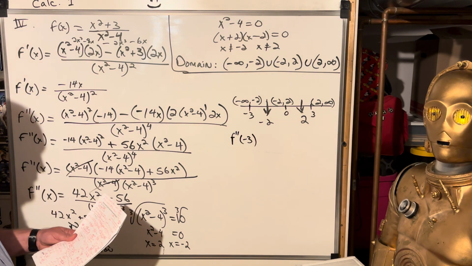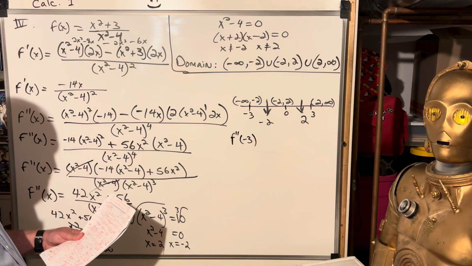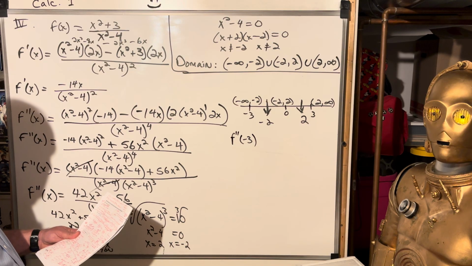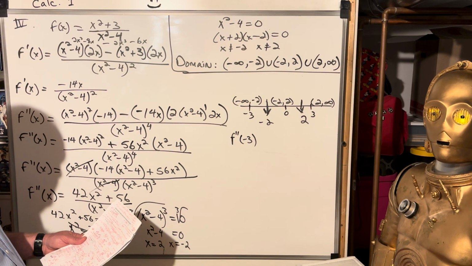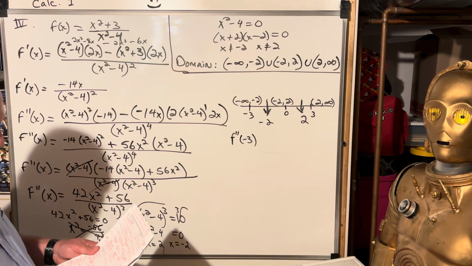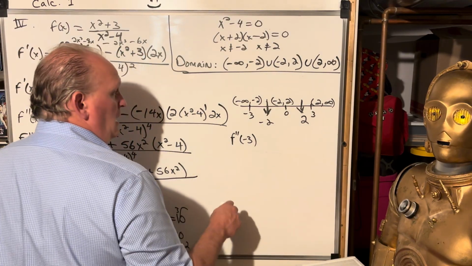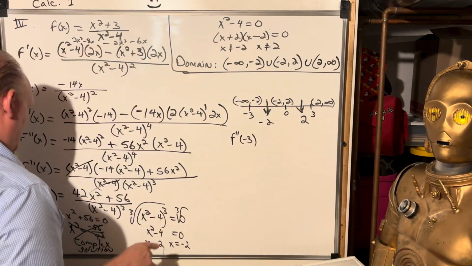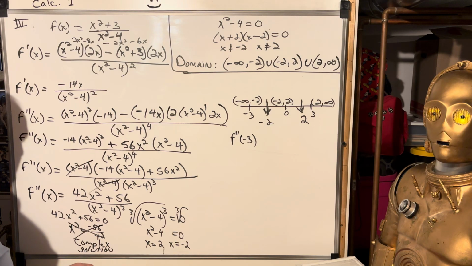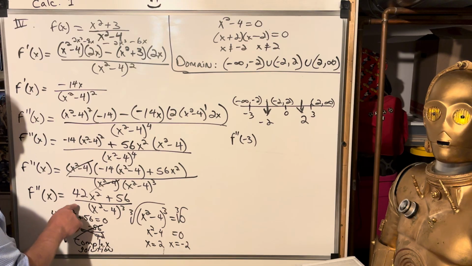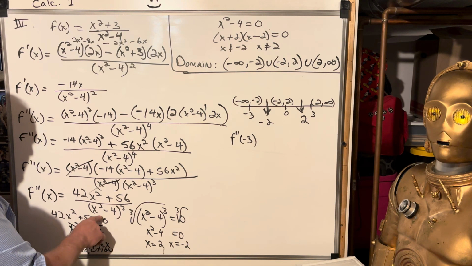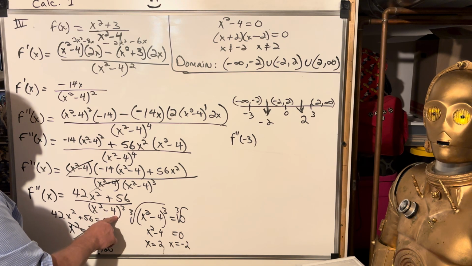There won't be any inflection points, but we can look for concavity changes. All right, so let's see. I put in a -3 into, where's our double prime here? There. Oof. So -3 squared is 9 times 42 plus 56. And 9 minus 4 is 5 cubed.